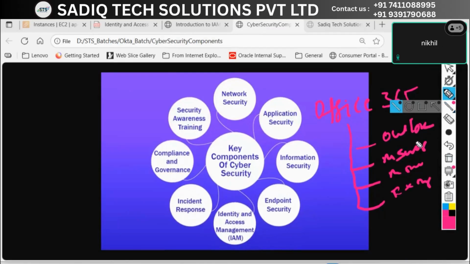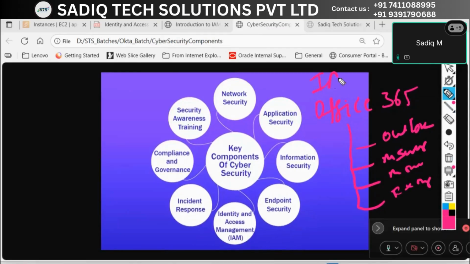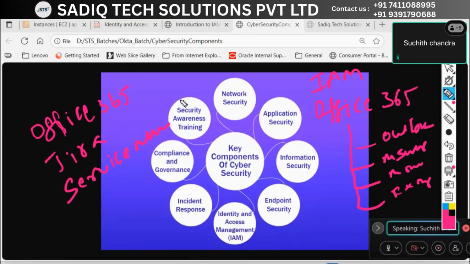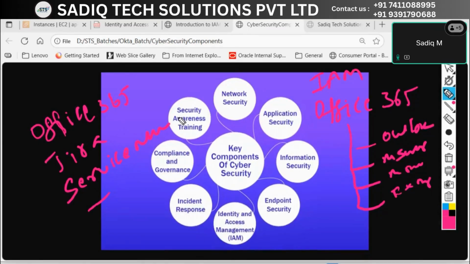Yes, correct. All these applications are cloud-based, and to secure them we need to have IAM in place. What are the general applications we use for office purposes? This is one application, Office 365, and we need Jira to maintain the service tickets. ServiceNow is also one tool. And Acrobat PDF. Yes, that too. So all these applications need to have access for the employees or users.